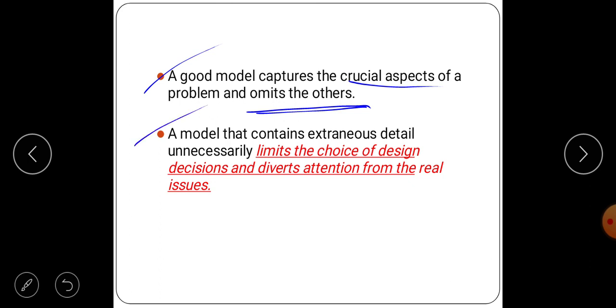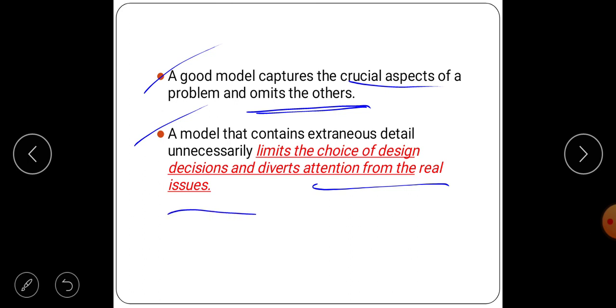A model that contains extraneous detail unnecessarily limits the choice of design decisions and diverts attention from the real issue.